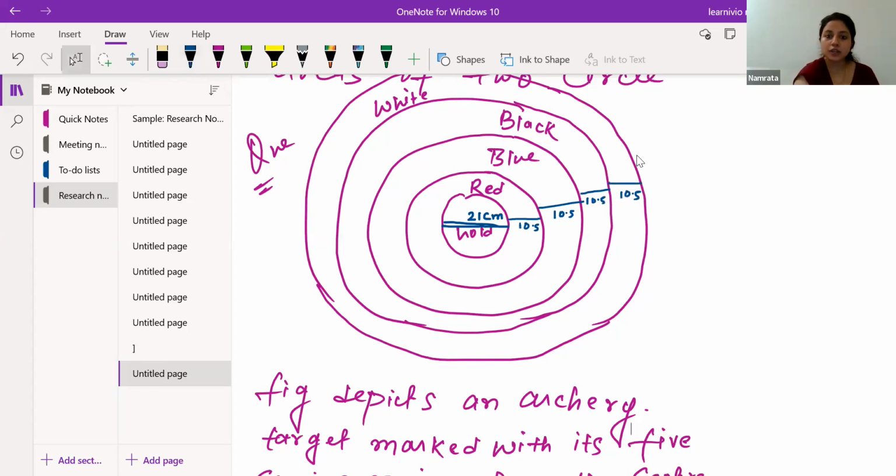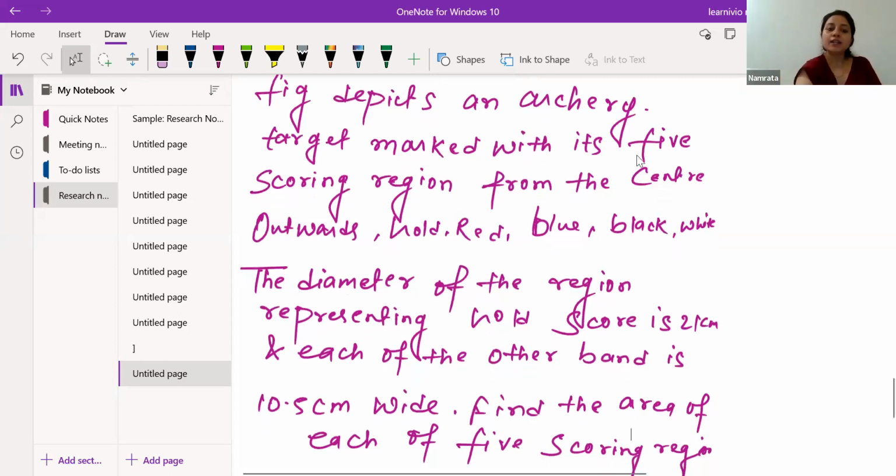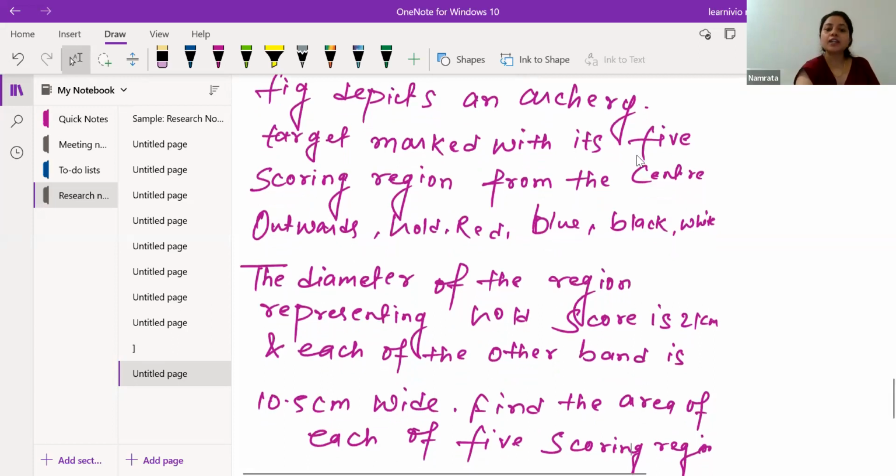You can read it over here and understand it with the help of the question. The figure depicts an archery target marked with 5 colors. Then the diameter of the region representing the gold score is 21 centimeter, so 21 centimeter is the diameter of only the gold, the tiny circle. Each of the other bands is 10.5 centimeter wide, so this much thickness 10.5, this much 10.5, this much 10.5. Find the area of each of the 5 scoring regions. We have to find the area of each and every scoring region.